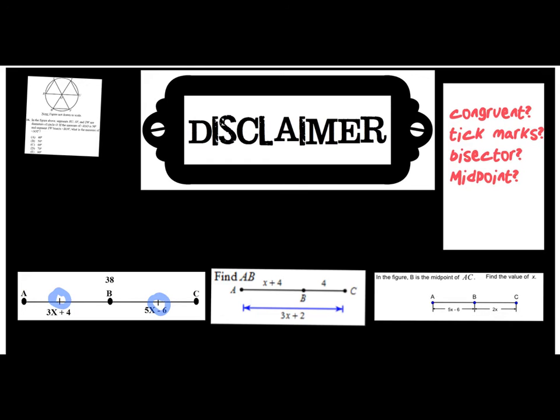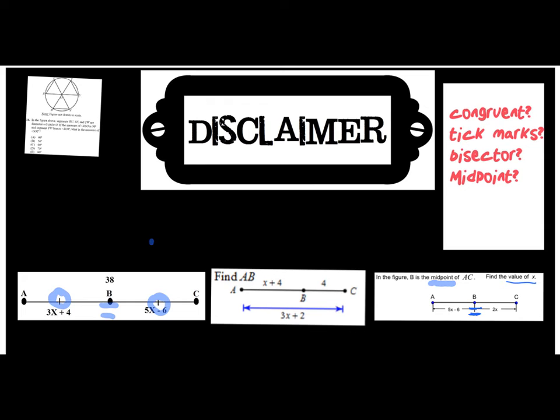So if you were to set up this problem, you would set them equal to each other. In the third one, there is the word midpoint. Midpoint does mean set them equal to each other. So when you're solving this problem, you would take 5x minus 6 and set it equal to 2x in order to find the value of x.